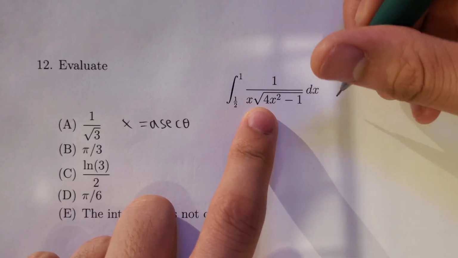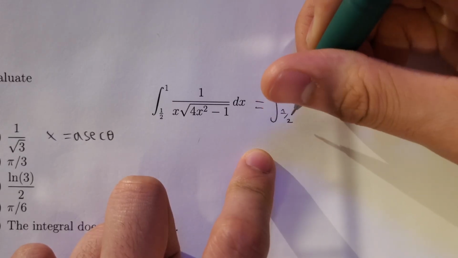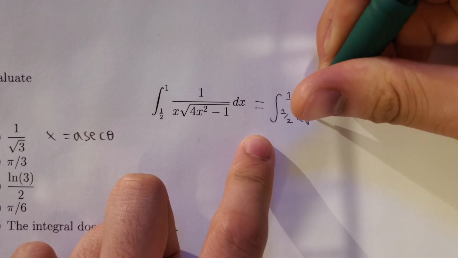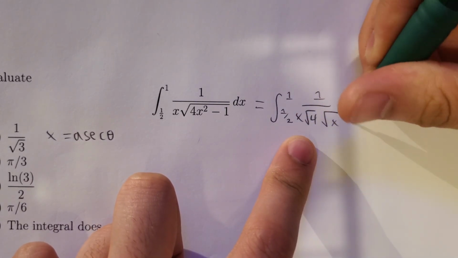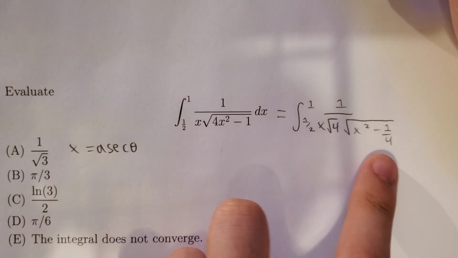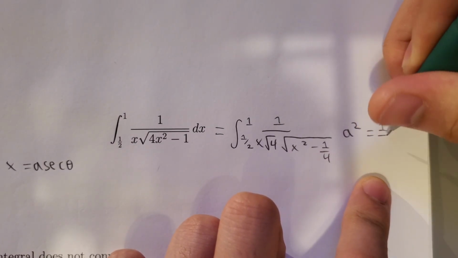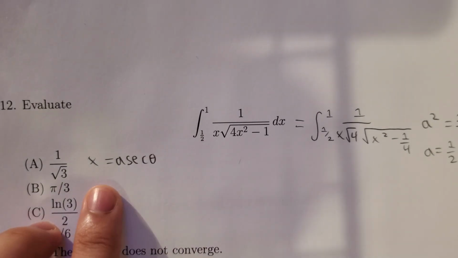So this is going to become the integral from 1/2 to 1 of 1 over x times the square root of 4 times x squared minus 1/4. And so from here, it's a little easier to see what a is going to be. If we say that a squared is equal to 1/4, then a would be equal to 1/2.